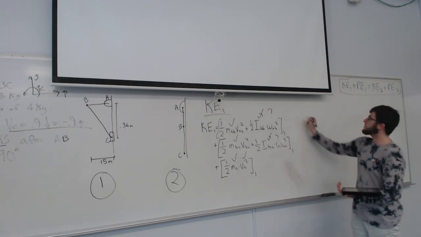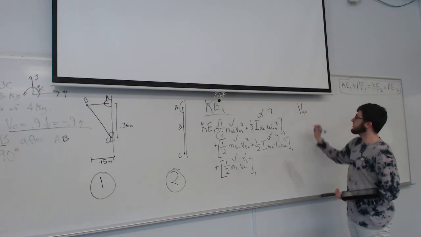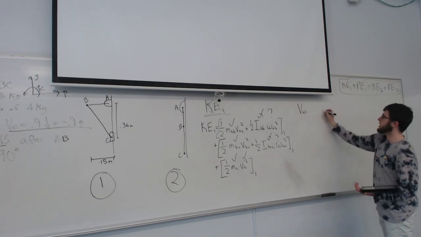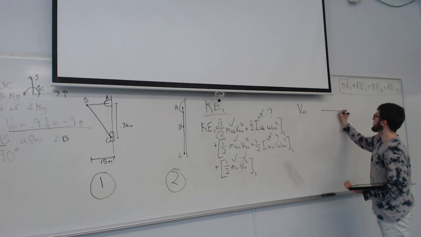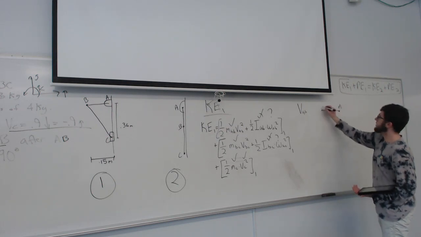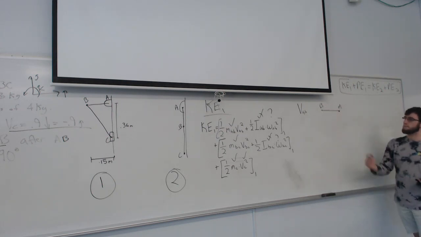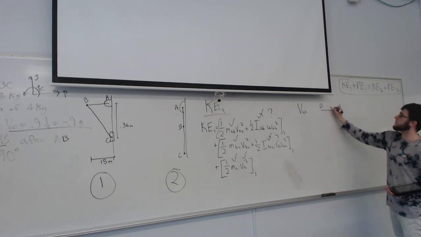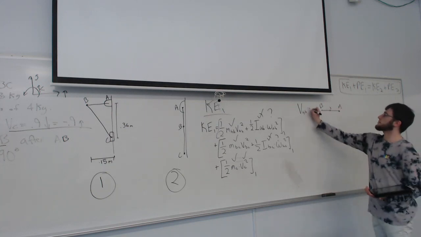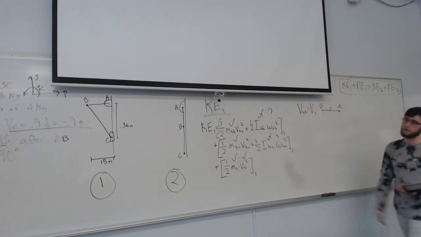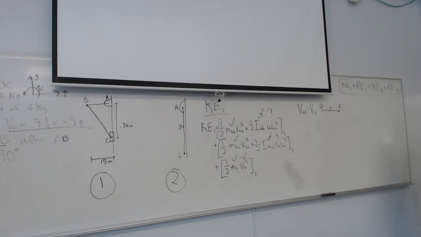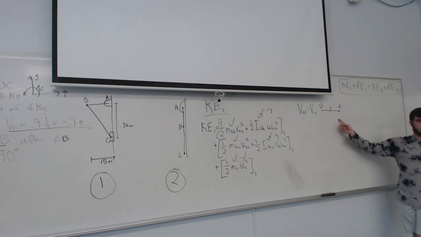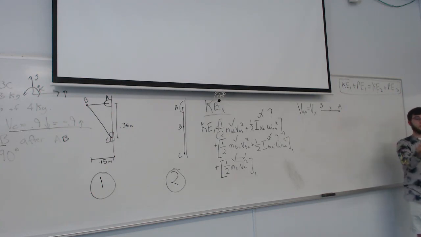So the velocity parts, velocity of AB, this is exactly what I was talking about. If we have this is A, this is B, I'm going to call this X. Now I'm saying velocity of AB equals the velocity of X, because we're talking about this rod with translational motion, right?